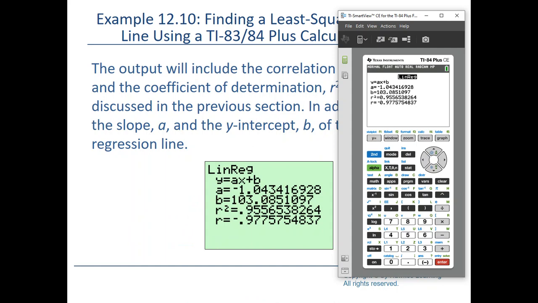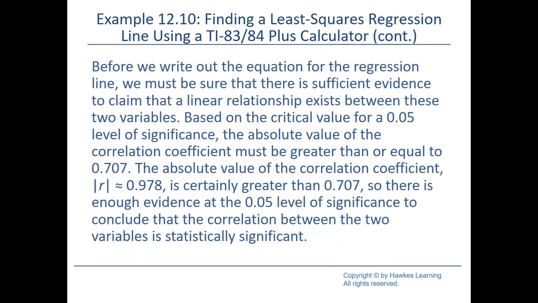So remind yourself how we did that: before we read out the equation for the regression, we must make sure that the sufficient evidence claim works there. Based upon the critical value of a 0.05 level of significance, the absolute value of that correlation coefficient must be greater than or equal to 0.707.